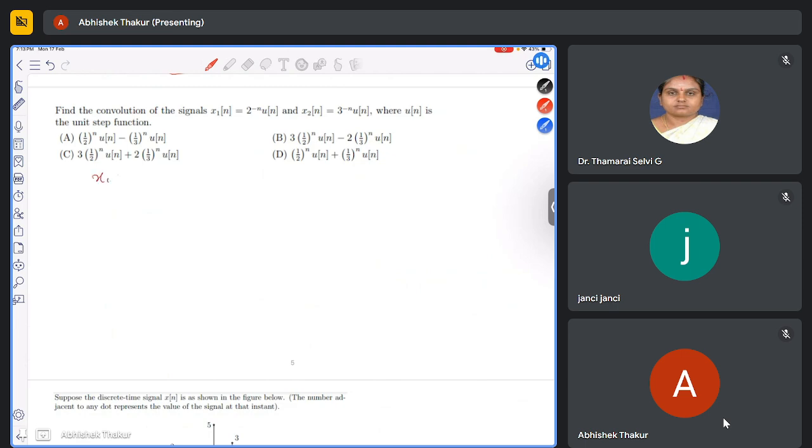So we have to find the convolution of this signal.